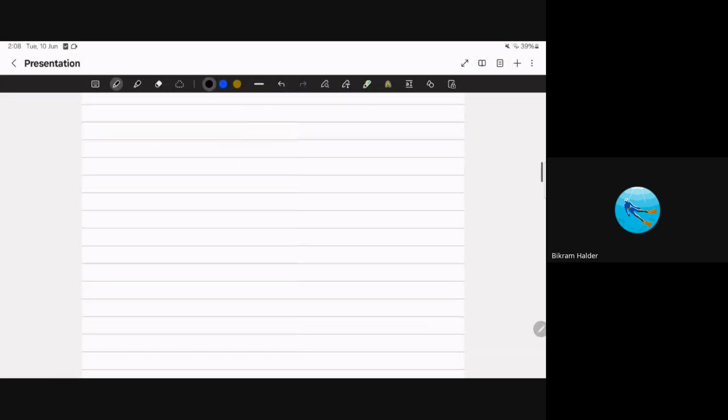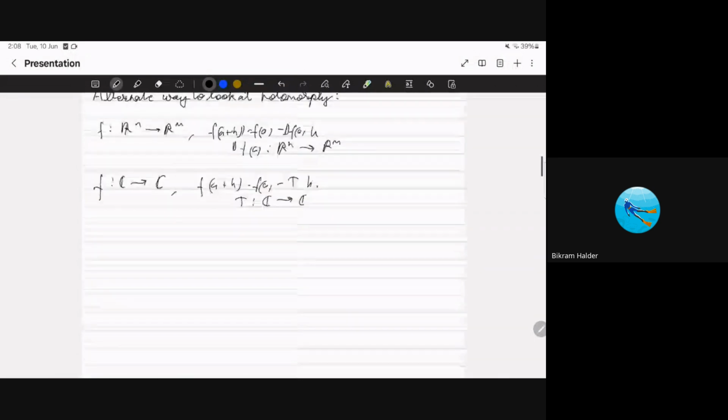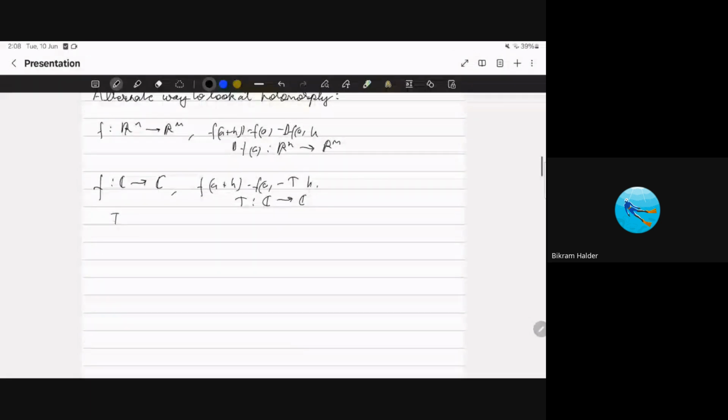So let's see what the C-linear maps are. These maps are z going to alpha z. If you compare it to the corresponding thing from R2 to R2, then with alpha equal to a plus ib, this is x plus iy going to (a plus ib) times (x plus iy), which is ax minus by plus i times (bx plus ay).